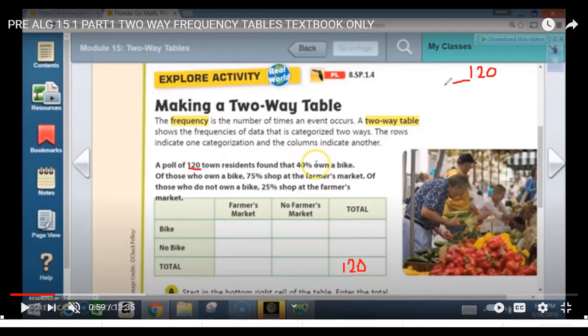And then I have two branches. The first branch talks about the people who have a bike, and the other branch, the people who don't have a bike, so no bike.